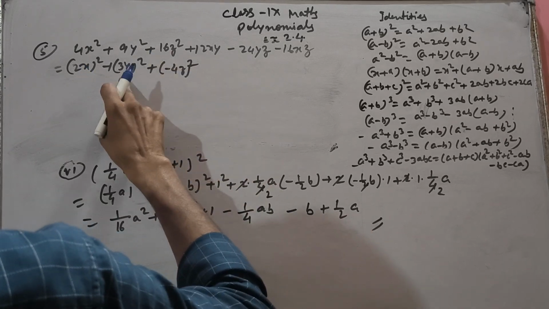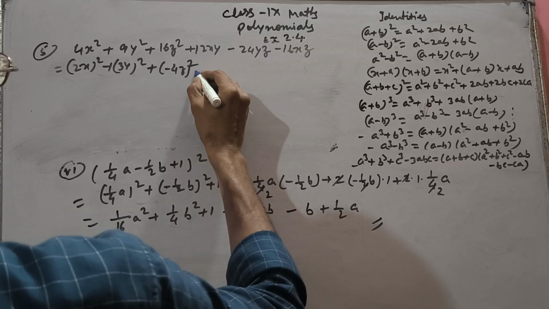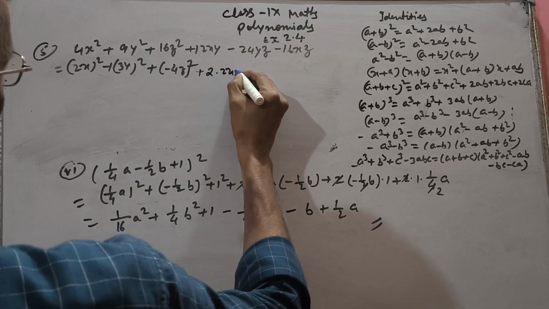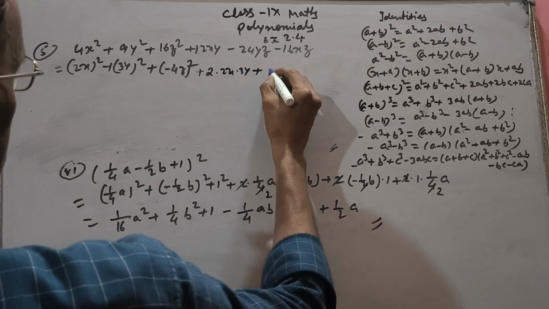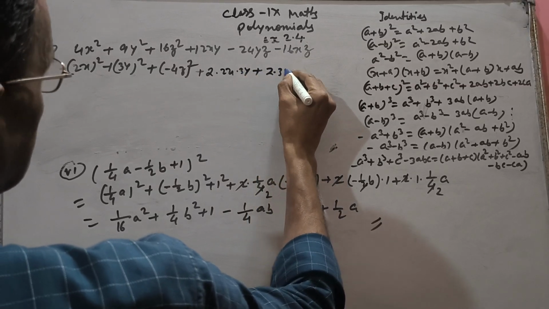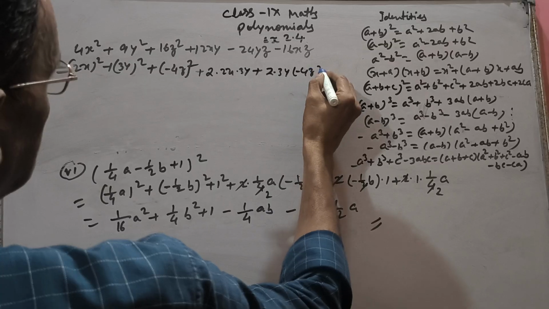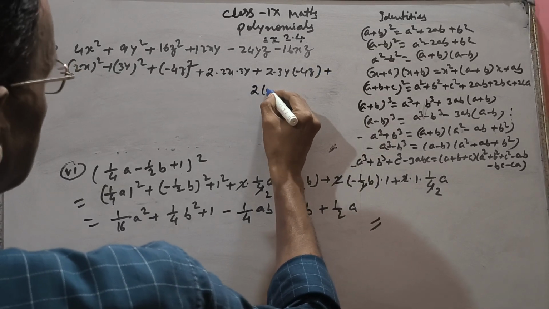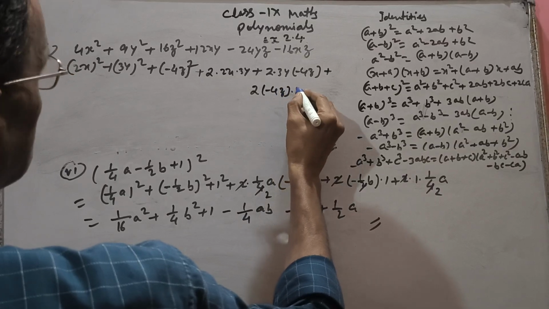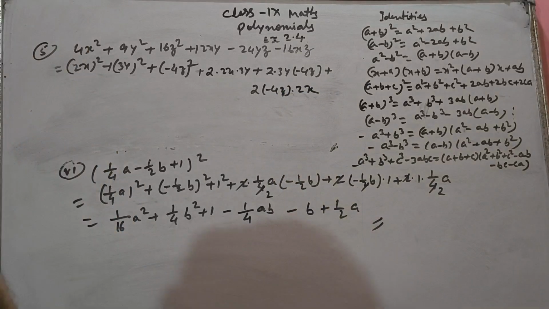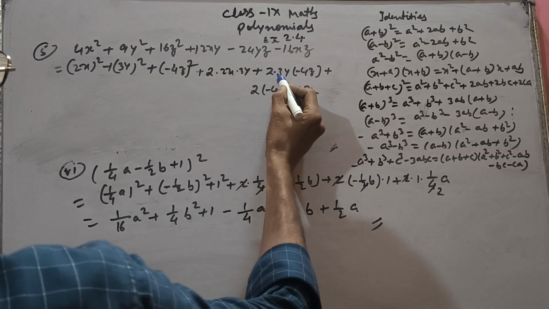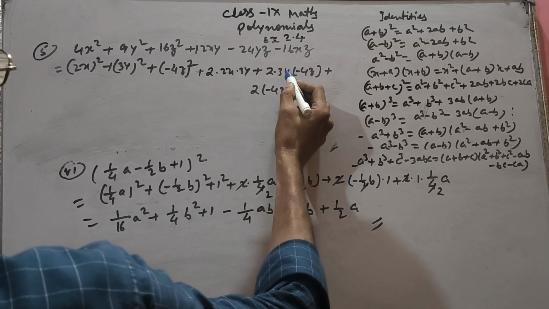This is a squared plus b squared plus c squared. Now just see, it should be 2 into a into b, 2 into twice x into 3y, plus 2 into b into c, 3y into minus 4z, plus 2 into c into a. c is what? Minus 4z into twice x. Once you check it now, can we take the same thing only? So plus minus minus 2 into 3 into 4 is 24yz.